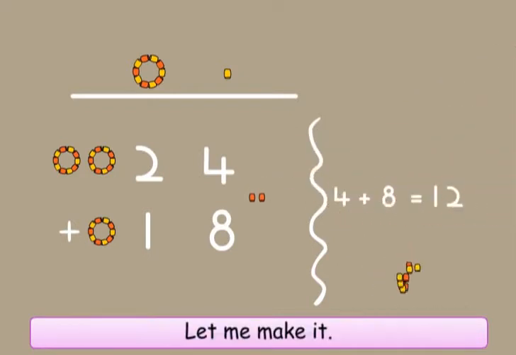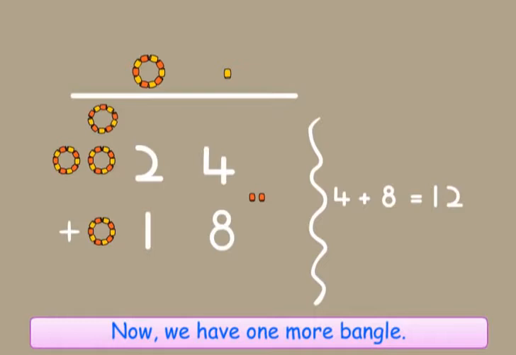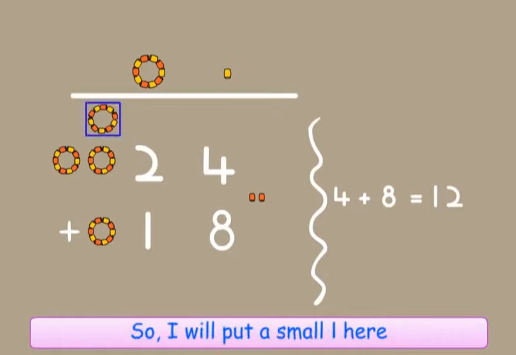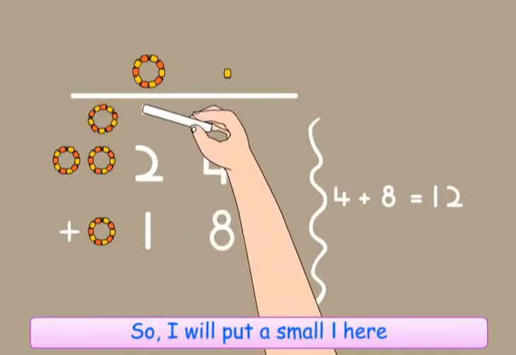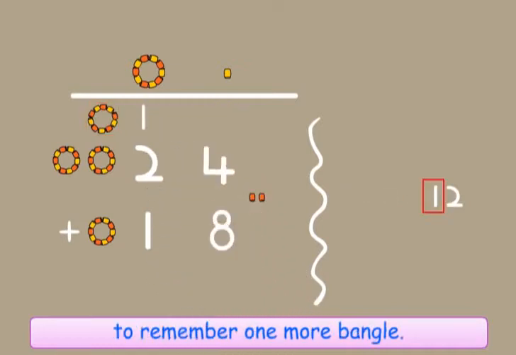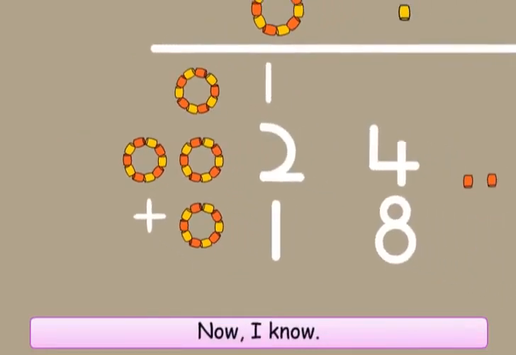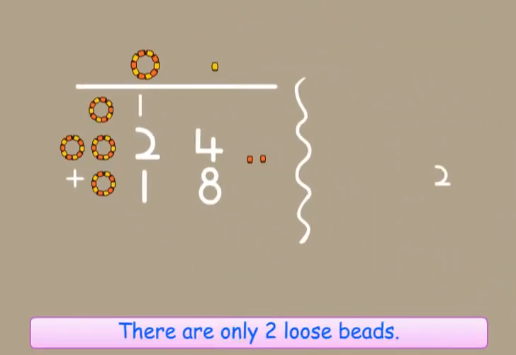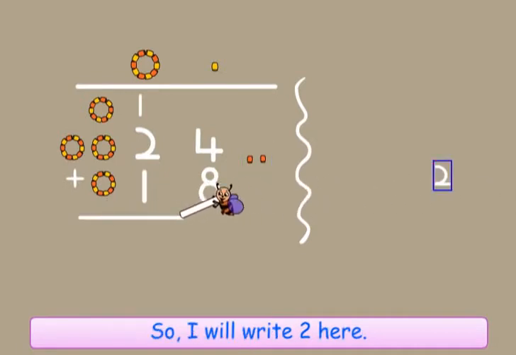Let me make it. Now we have 1 more bangle. So I will put a small 1 here to remember 1 more bangle. Now I know there are only 2 loose beads. So I will write 2 here.